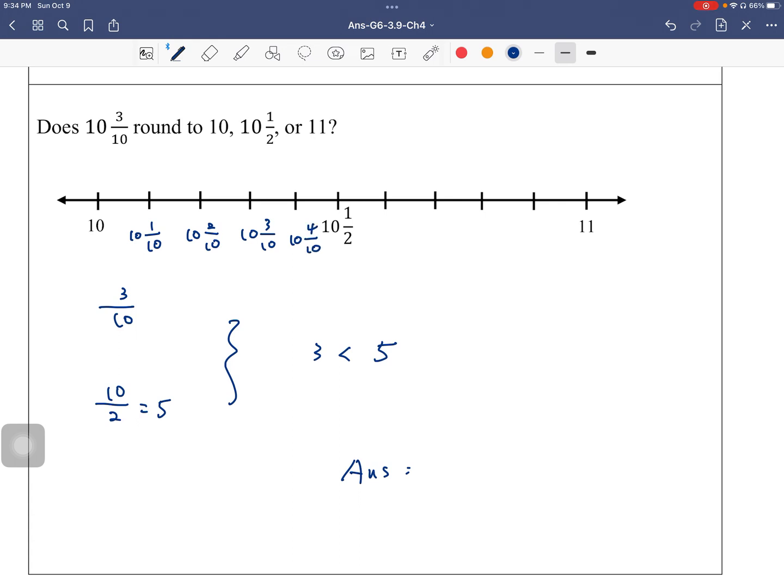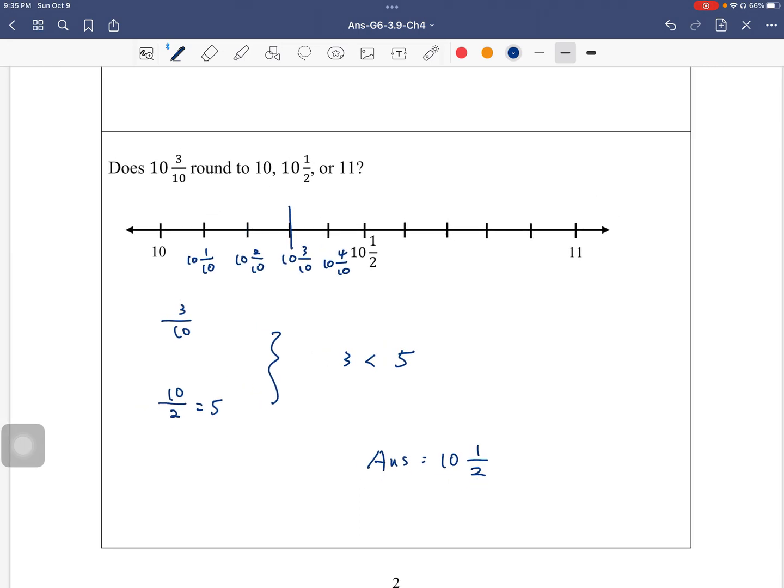So we will say it's closer to 10 and a half.